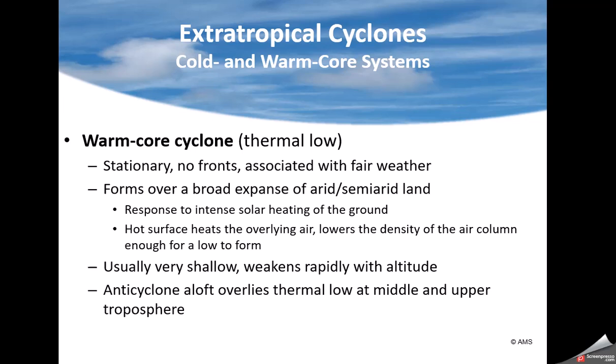Well, we know that pressure does not drop as fast in the vertical because the air is very warm. So instead of getting this intense low aloft, you wind up with a ridge of high pressure. Guess what? This can also be a mirror image of what we're going to talk about when we talk about tropical systems. Tropical systems are warm core.